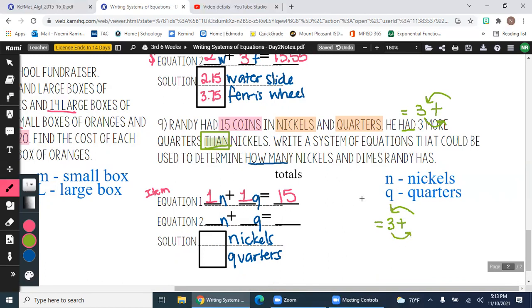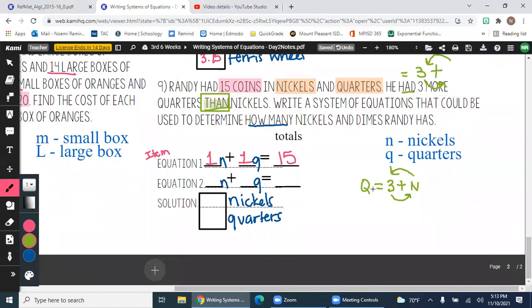What do we have more of? Quarters or nickels? We have more quarters. So Q goes on this side, nickels goes on this side. And I'm just going to capitalize that. And now we're going to bring it down. So N plus 3. You want both variables on the same side, so minus n minus n.